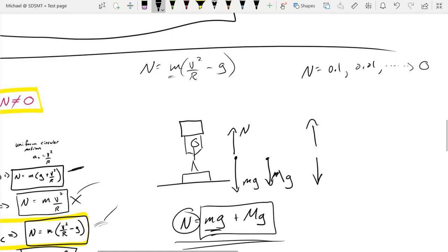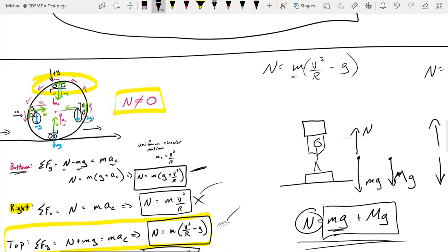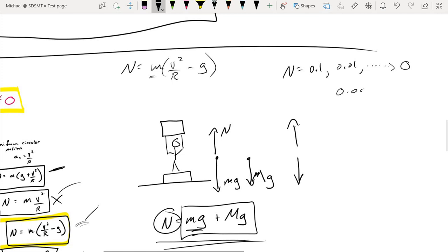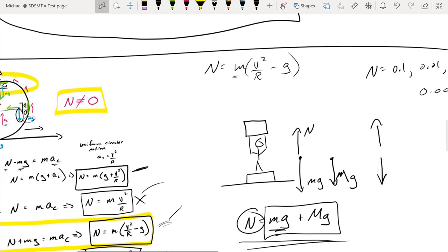And let's say we're right on the verge of falling. We're just barely in contact with the top of the track. In fact, our ability to measure that normal force is so small that it may as well be 0. Now, why do we want to do that if we said that that is such a bad idea? Well, this brings us to the most extreme case scenario, which is that we fall.